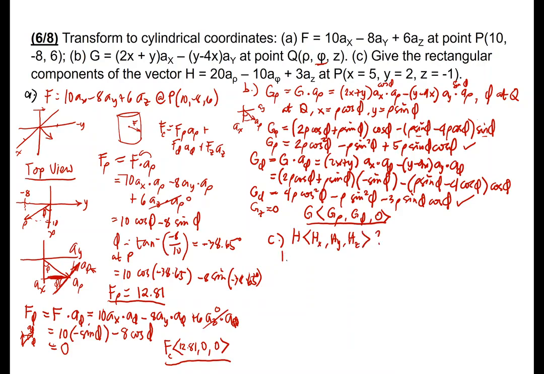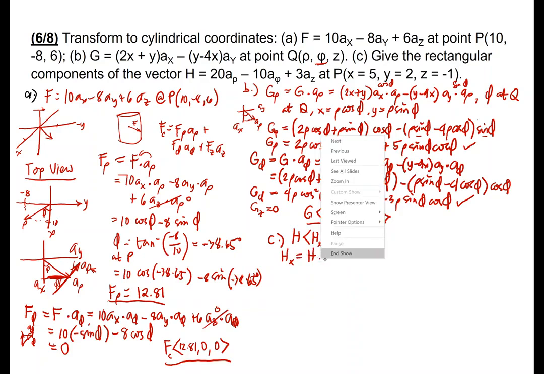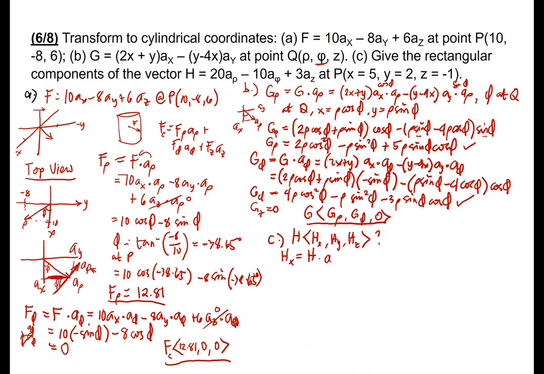Hx is equal to the vector H in cylindrical, so you dot product it with a x. So this is equal to 20 a rho dot a x, minus 10 a phi dot a x, plus 3 a z dot a x.